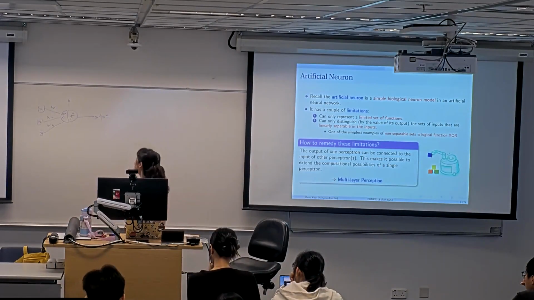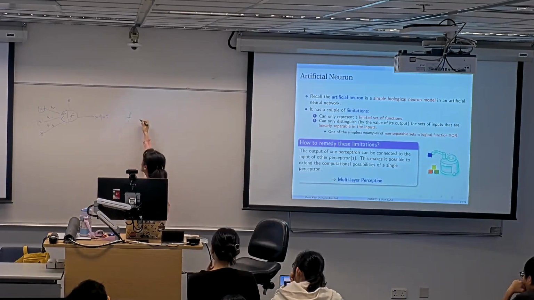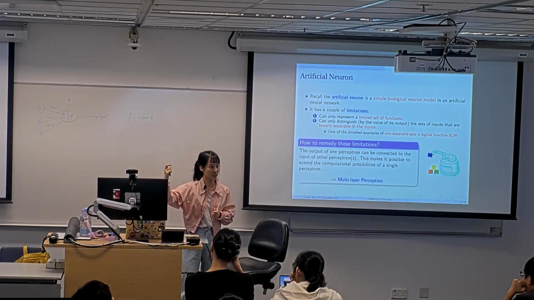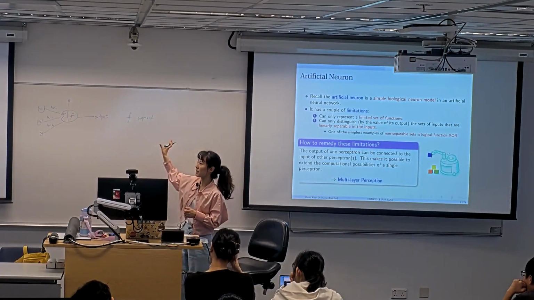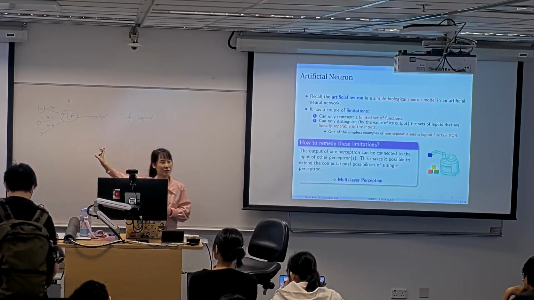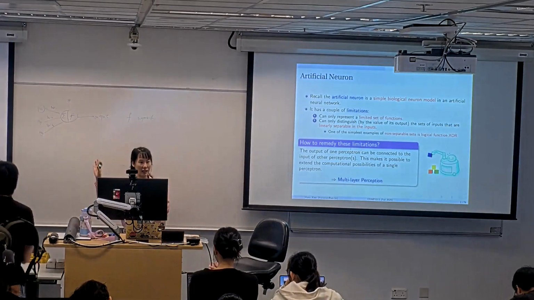Here is an example. Suppose now we select f to be sigmoid. f is just sigmoid, and it's nonlinear, right? However, even if we use this nonlinear activation function, the artificial neuron can still only distinguish linearly separable data.